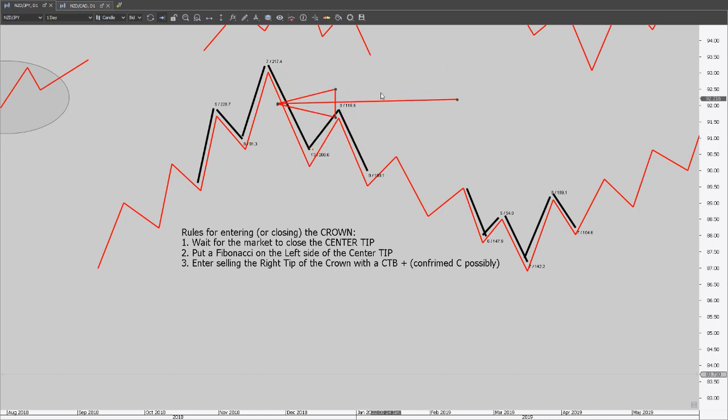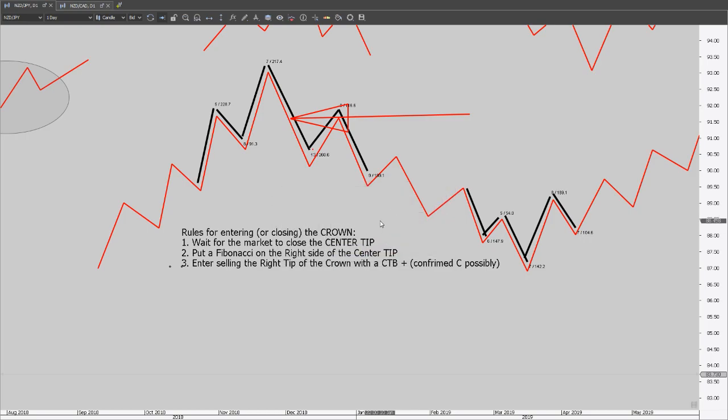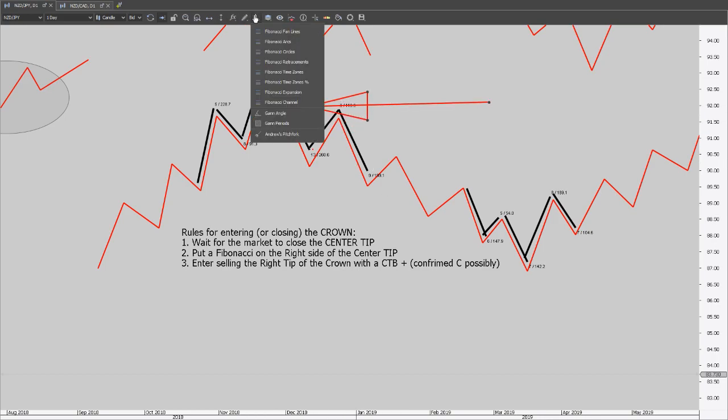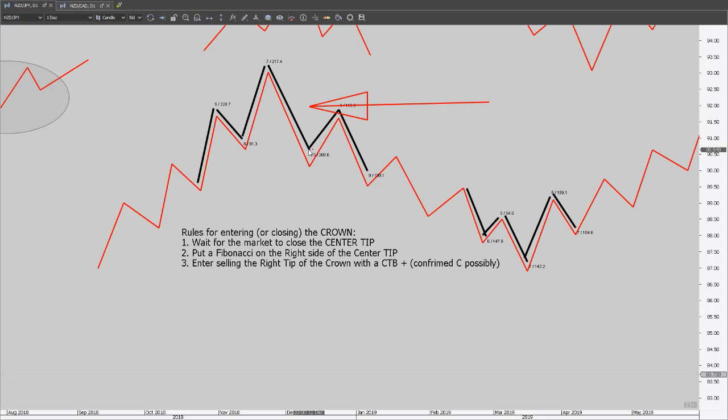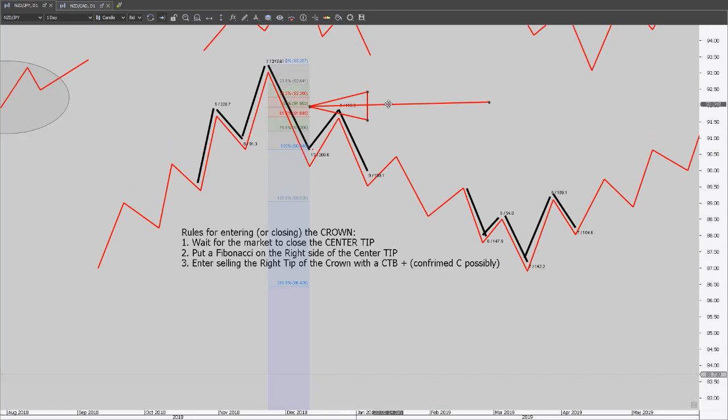Number 2, put a Fibonacci on the, this is wrong, on the right side, not the left, on the right side of the center tip. So we're going to put a down Fibonacci on the right side of the center tip, right? So this is the right side, and this is our Fibonacci.